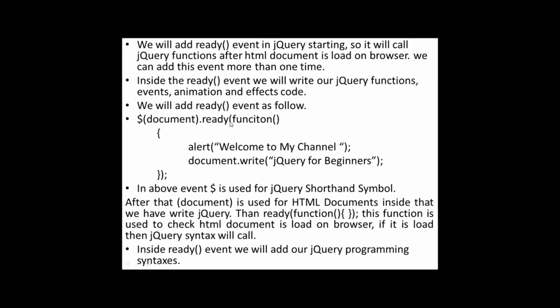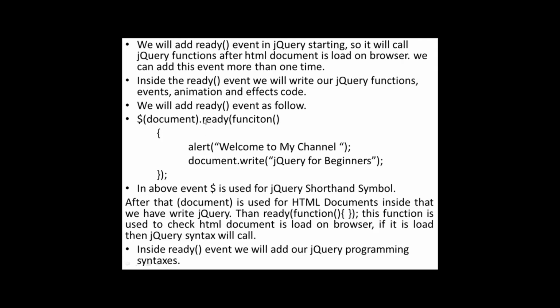That means this round bracket ends after the end of the block of the event, so it is considered the whole ready event block. After the ending of the round bracket we mention a semicolon, and this semicolon is used for ending the jQuery syntax. So whenever you write any event in jQuery, you have to follow the same technique.